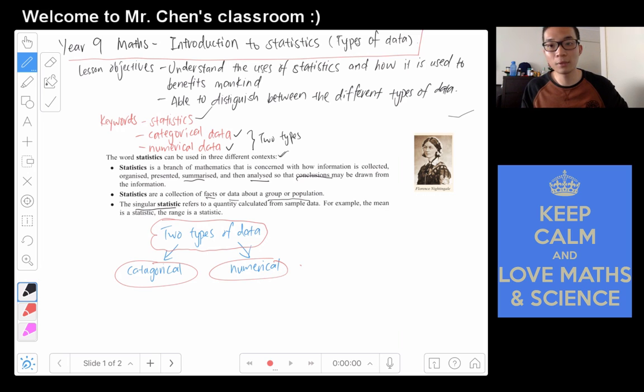So if we are looking at the age of people who use the phone the most, your average would be the average age. So it could be 29 years old, which is the mean. And range is, okay, if you categorize them from 10 to 20, 20 to 30, 30 to 40 years old, that's a range, and it is a statistic as well.